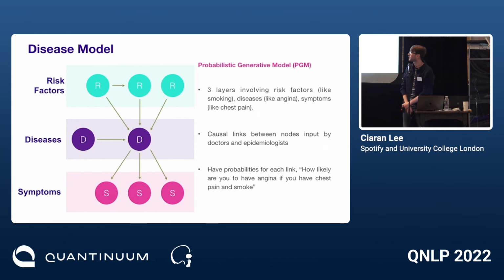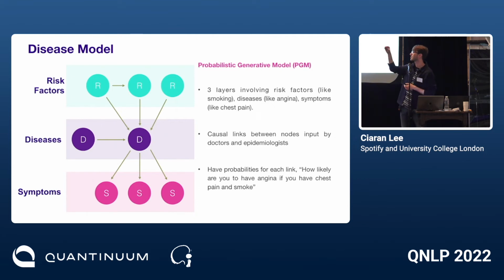Before I dive into that, I'm going to talk a bit about the disease model that we're going to use and do counterfactual reasoning on top of. Here we have this 3-layer network: risk factors, diseases, symptoms, and so forth. In the context of the next few slides, we're going to assume that we have this structure given to us. Some medical professionals or epidemiologists might have gone into the literature, taken their domain knowledge and said, okay, I know this risk factor causes this disease, but not this other disease.